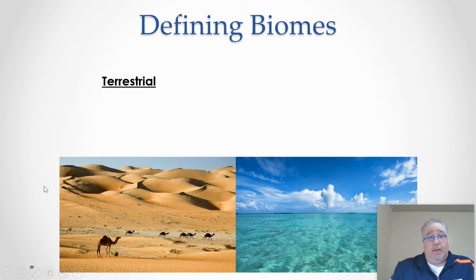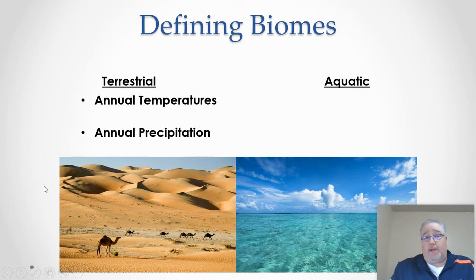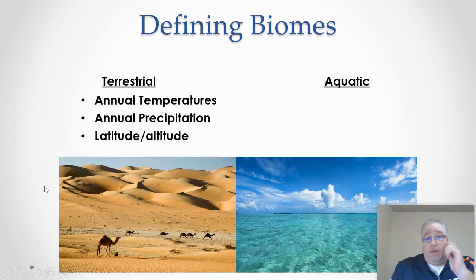All right, so when we dealt with terrestrial biomes, we talked about a few parameters that help define the terrestrial biome. For example, temperature and precipitation. That describes climate, so there's a unique climate for each terrestrial biome.